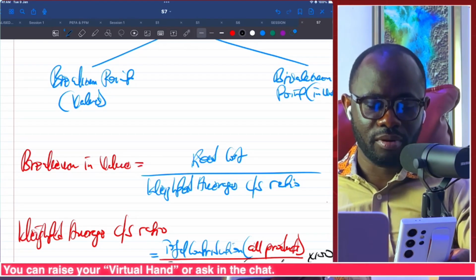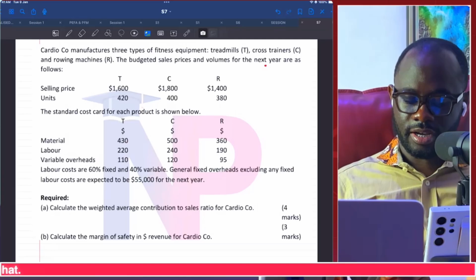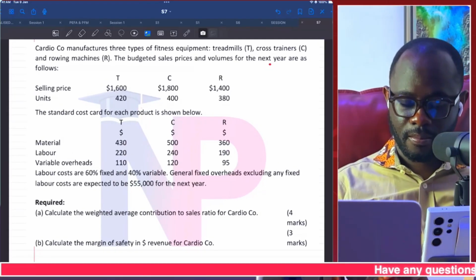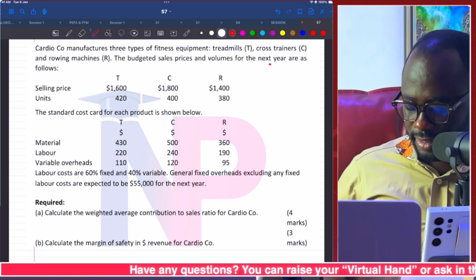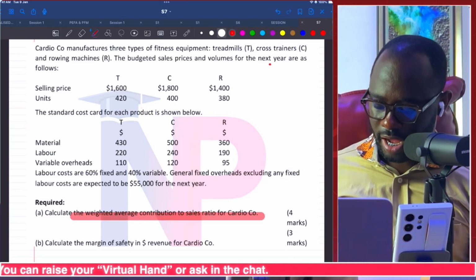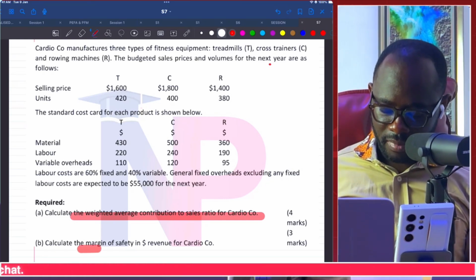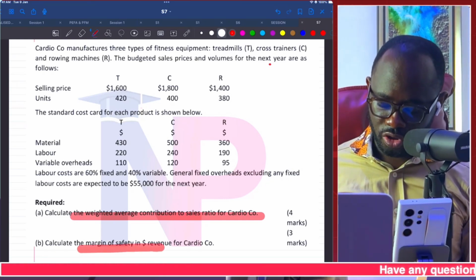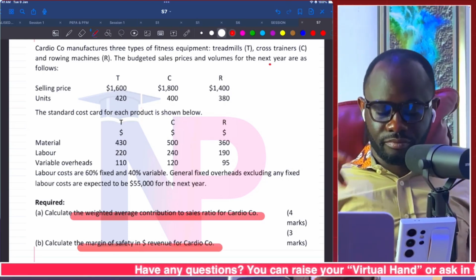So let me bring up an illustrative question here. Cardio co. The A aspect of the question says, calculate the weighted average contribution to sales ratio for Cardio co. Then B says, calculate the margin of safety in dollar revenue for Cardio co. So let's go.